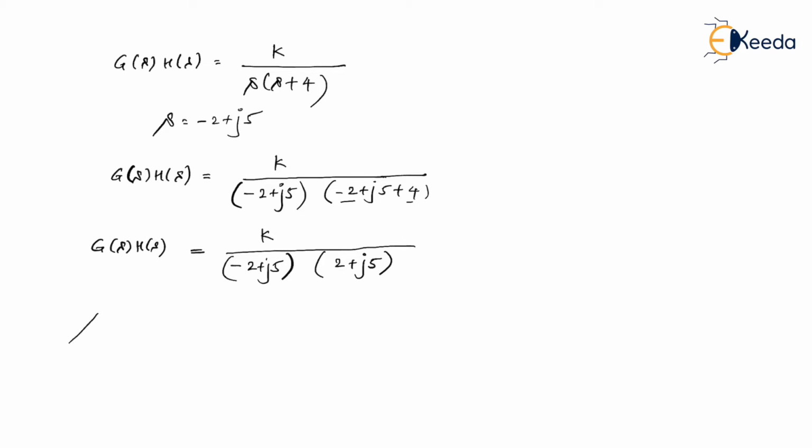I have to now take the angle of G(s)H(s). Whenever you have to take an angle, and something is present in the form of a ratio, meaning a numerator and denominator, take the angle of both, that is, the angle of the numerator and the angle of the denominator. In the denominator, as you can see, there are two terms, so for both terms you can take the angle separately.